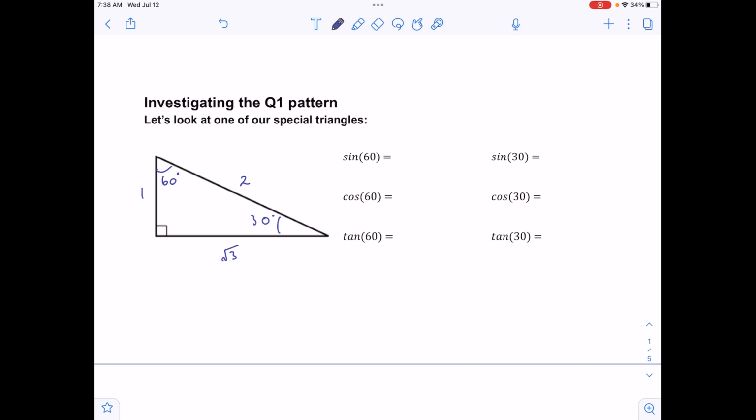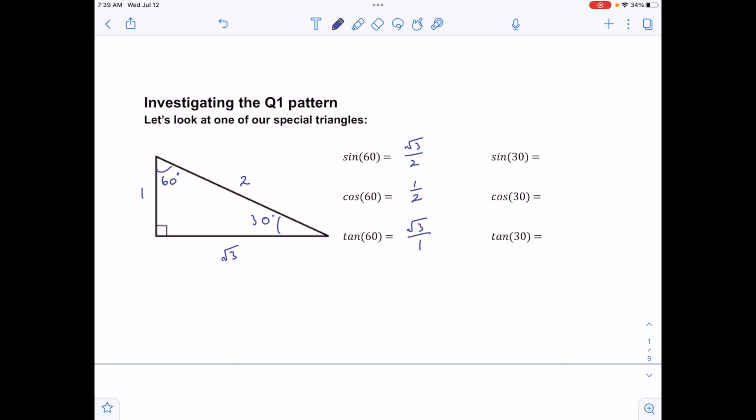So sine of my 60, sine will be root 3 over 1, and yeah, I know I could simplify it. No, not root 3 over 1, root 3 over 2. Cosine of 60 will be 1 over 2, and then tangent will be root 3 over 1. And I know I could simplify that. I'm just going to leave it right now.